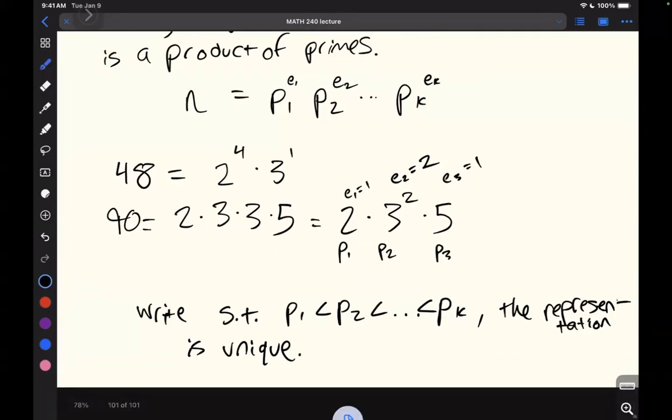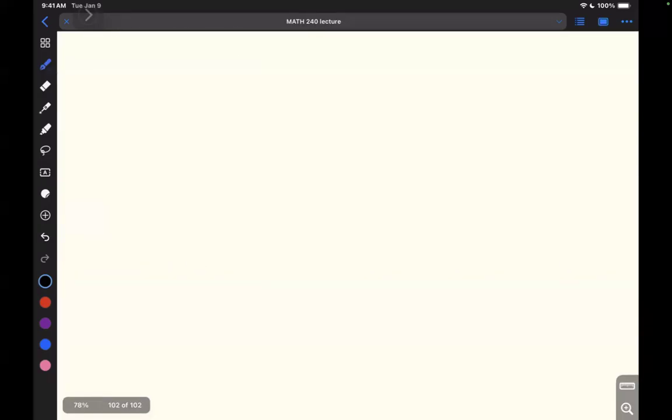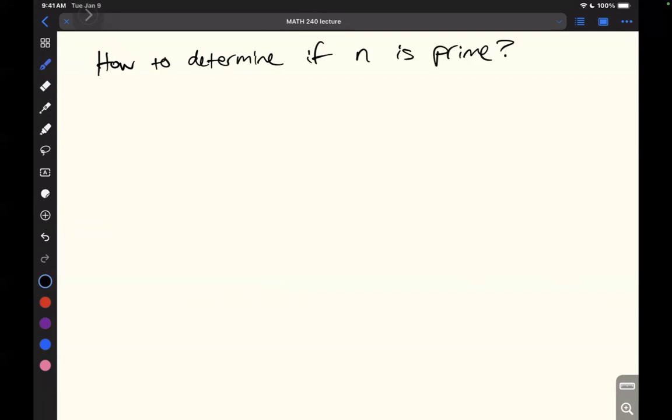Okay, so we can write stuff as a product of primes. And so the first question is, how do we determine whether a number is prime? And we've got a theorem for that, which is, again, we're going to let n be greater than or equal to 2 because 1's wonky.